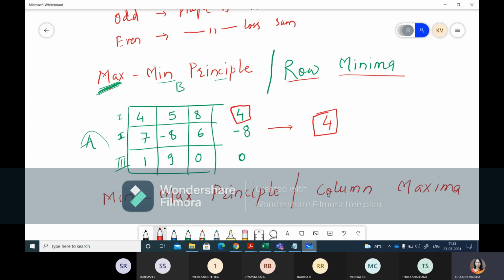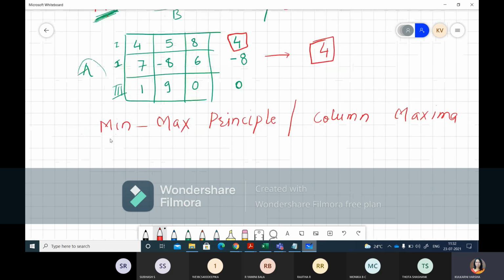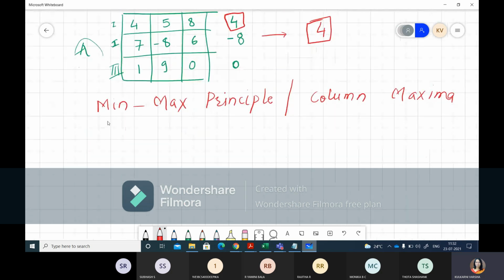This is row minima, this is column maxima. Row minima means from each row find the minimum number, and from that find the maximum one. Column maxima means from each column find the maximum one, and from that find the minimum one. So now we'll go for the same example, but we'll find the minimax principle.